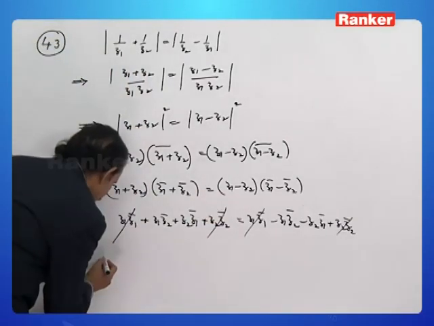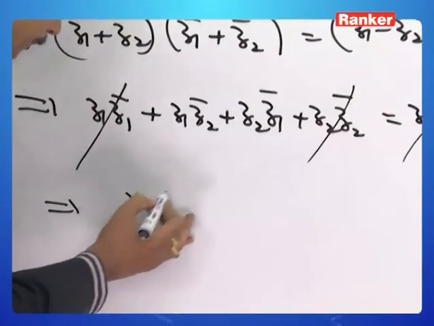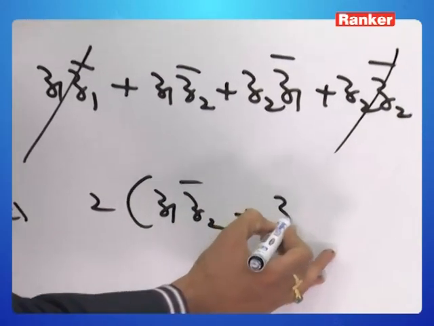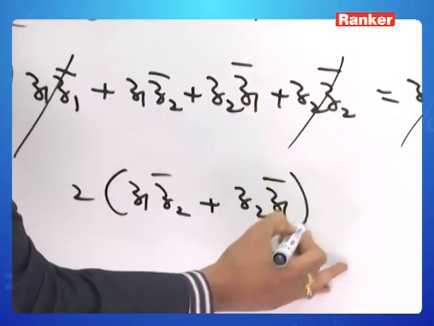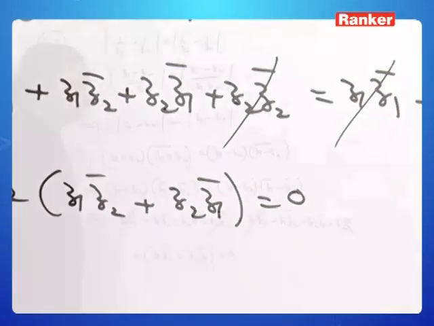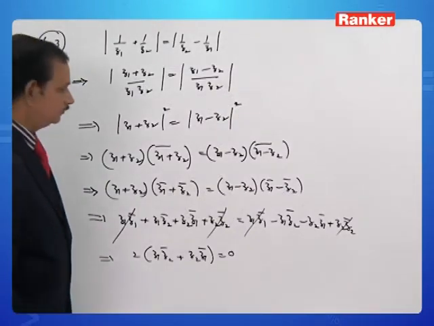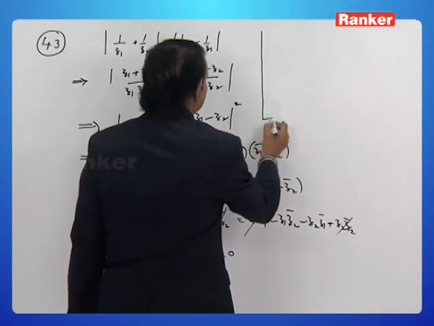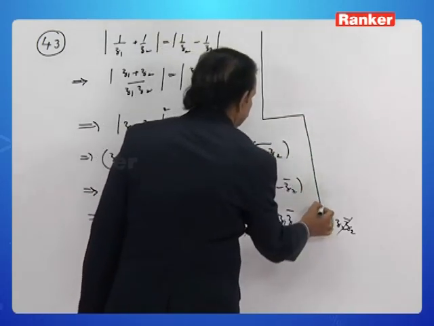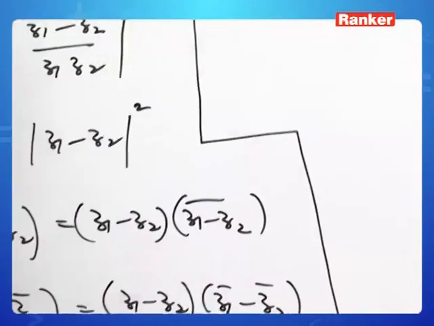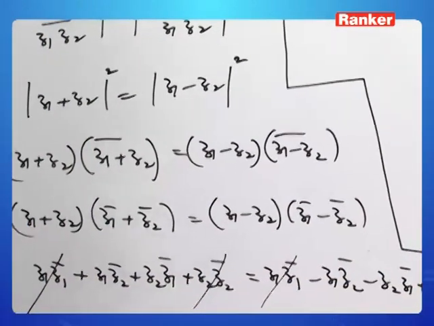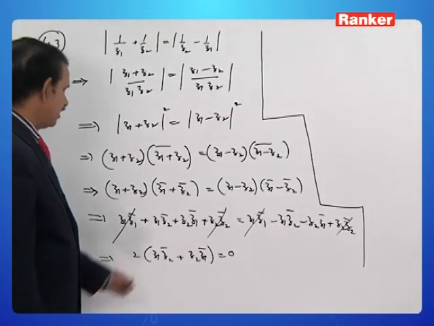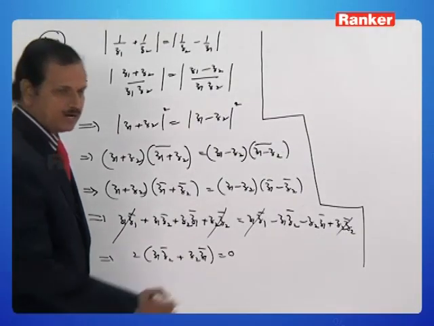It implies 2 into Z1 Z2 bar plus Z2 Z1 bar is equal to 0. Therefore, the 2 goes that side, so that you will have Z1 Z2 bar plus Z2 Z1 bar is equal to 0.